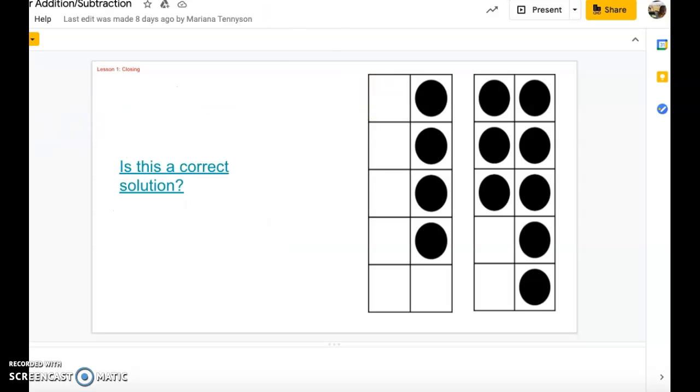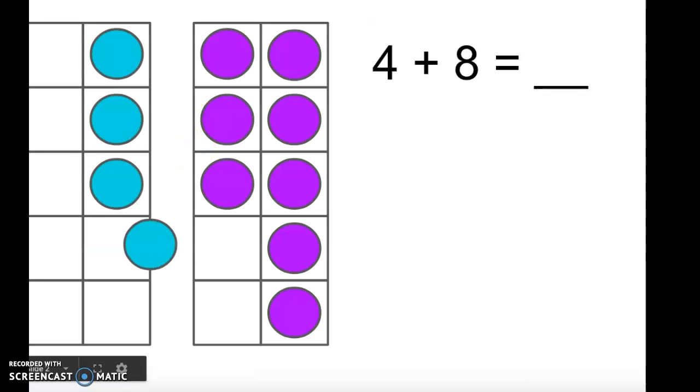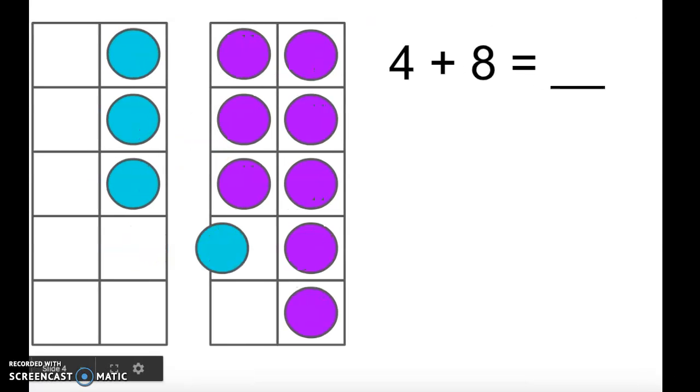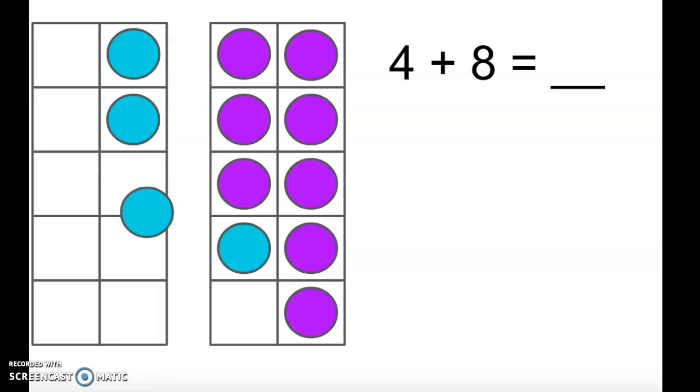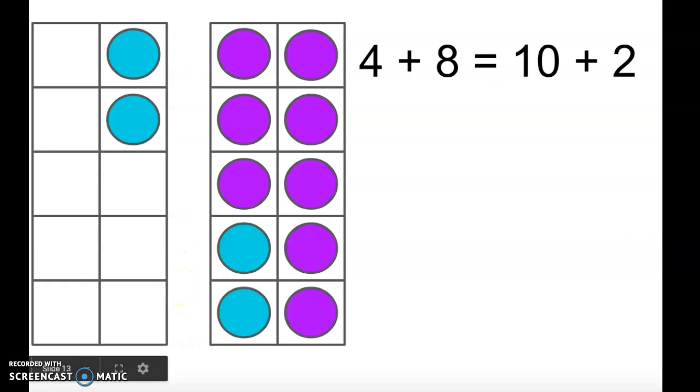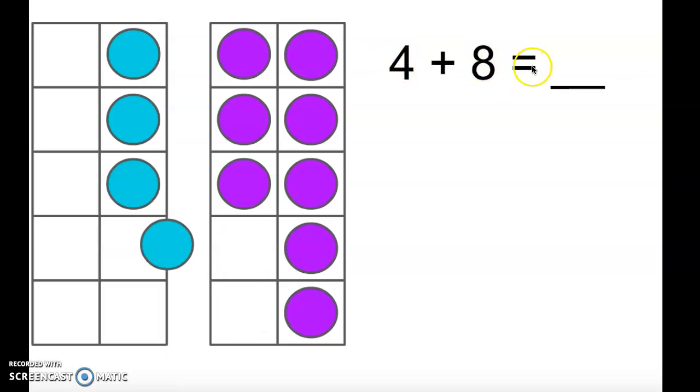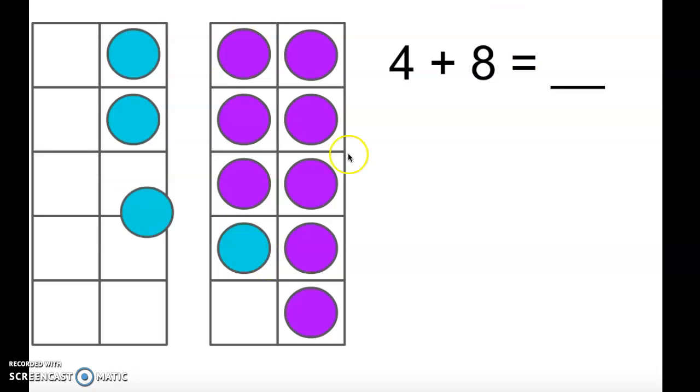Take a look at this way. This is the exact same problem, and they're asking us, is this a correct solution? Check it out. Okay, so they moved 2 over and they said 4 plus 8 equals 10 plus 2.